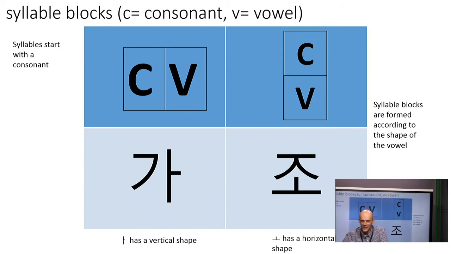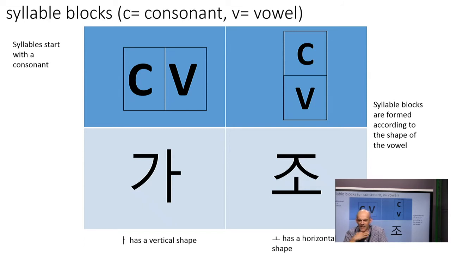Another principle is that syllable blocks are usually formed according to the shape of the vowel. So for example, in the first example, you see ga, a has a vertical shape as it indicates, therefore it's placed next to the consonant in a horizontal line. And this goes for all vowels with vertical shapes. So eo, ya, for example, it will always be arranged in this way.